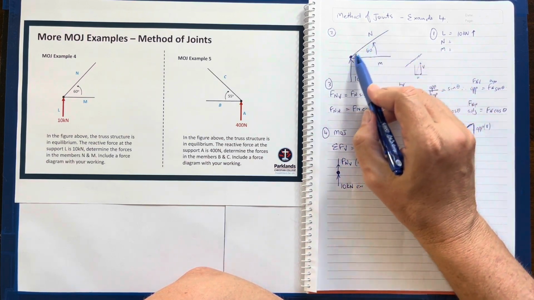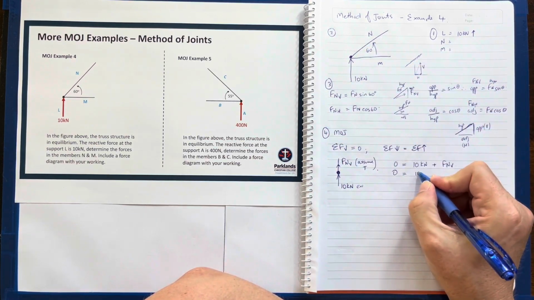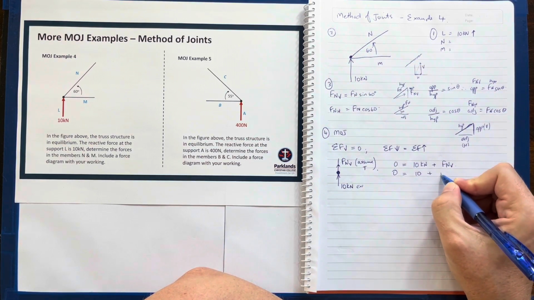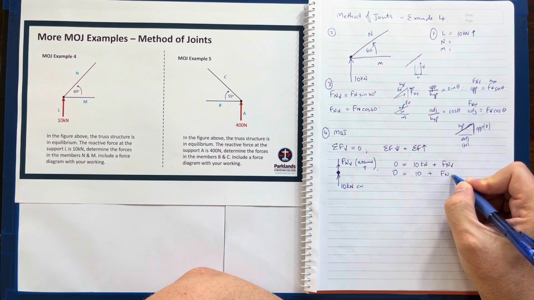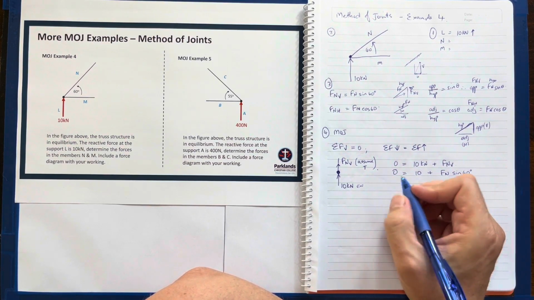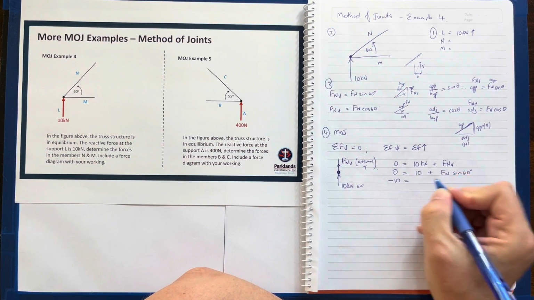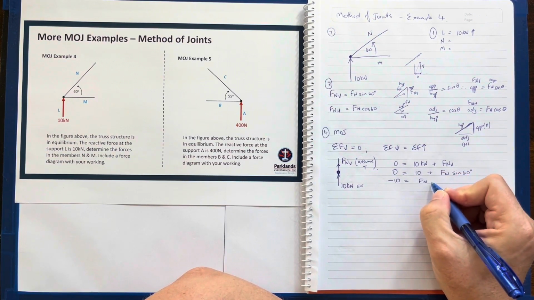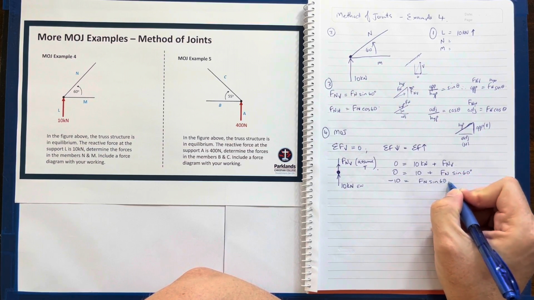That's how I solve for that. It's 10 plus Fn sine 60 degrees, and I just solve for that. I'll bring this to the other side. Negative 10 equals Fn sine 60.